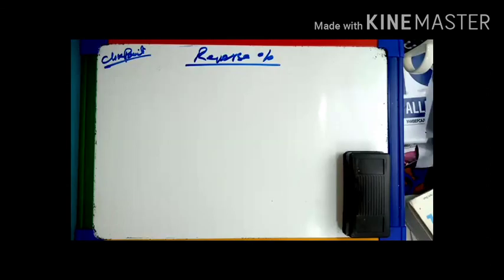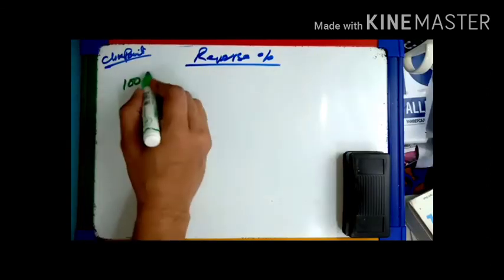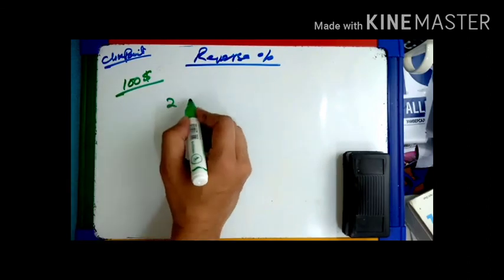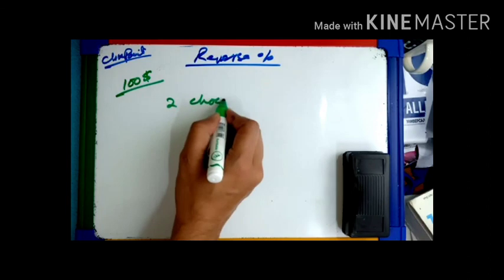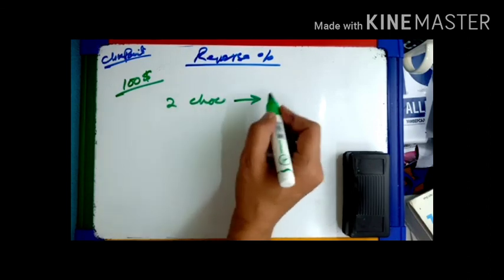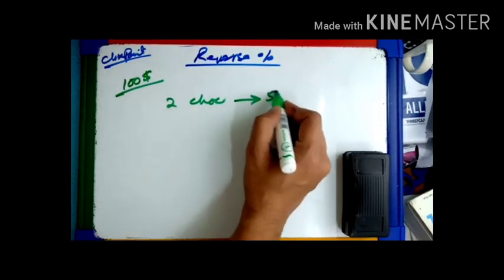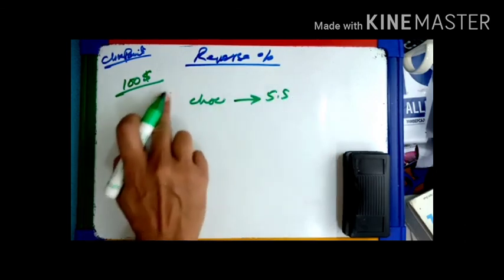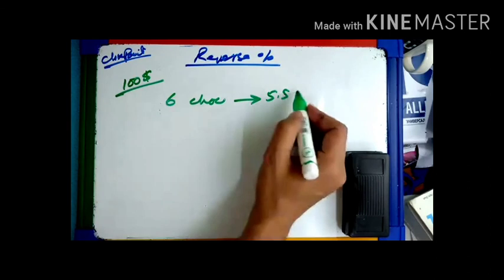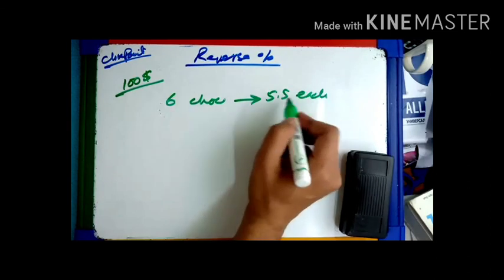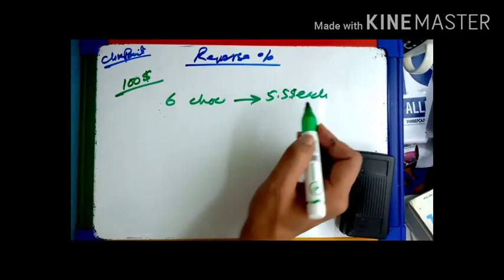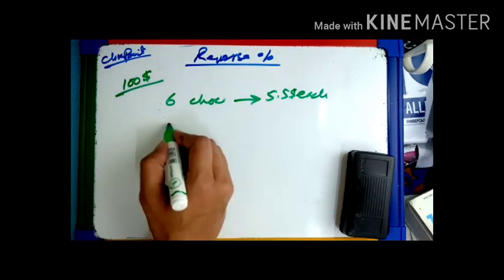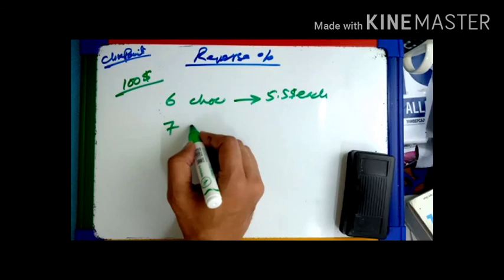Suppose your mom gives you $100. You buy 6 chocolates, $5.5 each, and then you buy 7 markers.